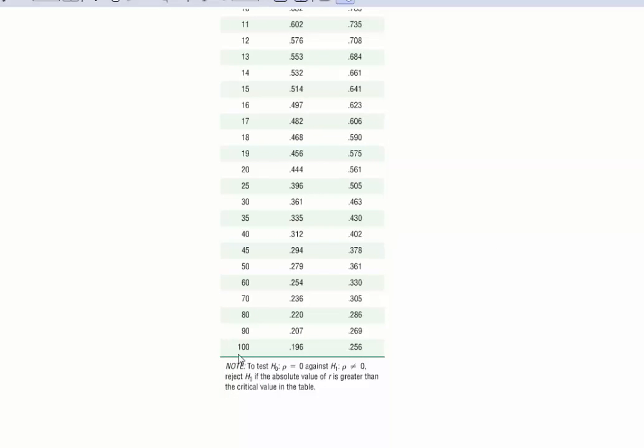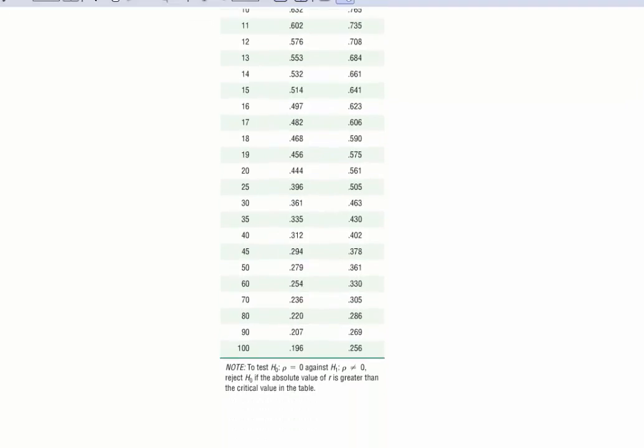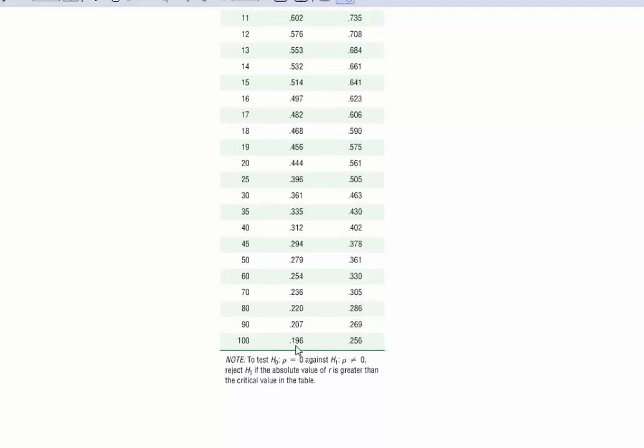We've got 100 here. For alpha 0.05, which we've been using throughout the quarter, the critical values would be plus or minus 0.196.